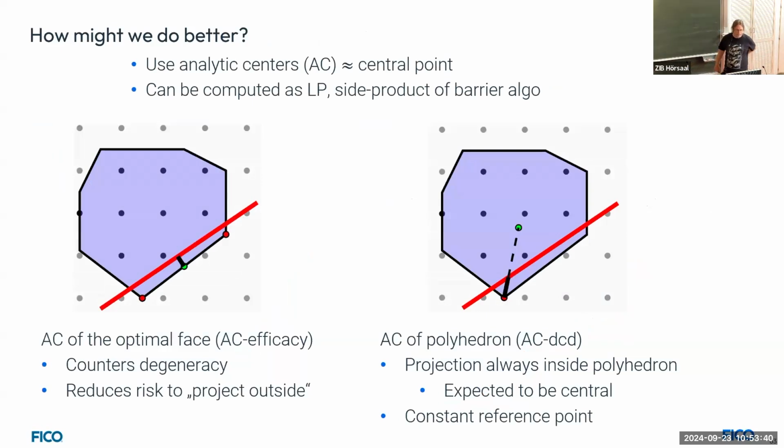What we did as a side part of this project was introducing some new measures which use analytic centers. The analytic center, as talked about in the presolving presentation, is something like the central point of the polyhedron, intuitively the center of mass, either of the whole polyhedron or, if you have a dual degenerate problem, of the optimal face, and we then use this as a base point for our cut selection methods.